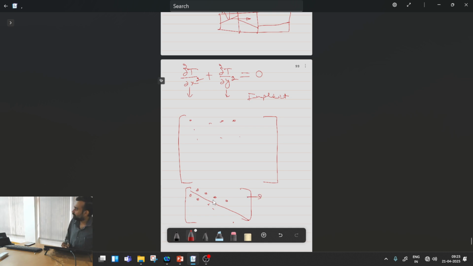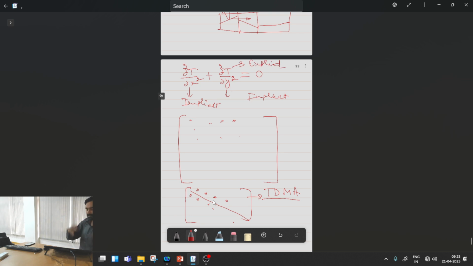Then solving this type of system of equations is very easy with the help of, what is the name of the algorithm? The Gauss algorithm or the tridiagonal matrix algorithm, TDMA. If I take implicit in both directions, then ultimately my matrix is not diagonally dominant and the solution takes a huge amount of time. So in order to avoid this, first we take this direction as implicit and this direction as explicit.